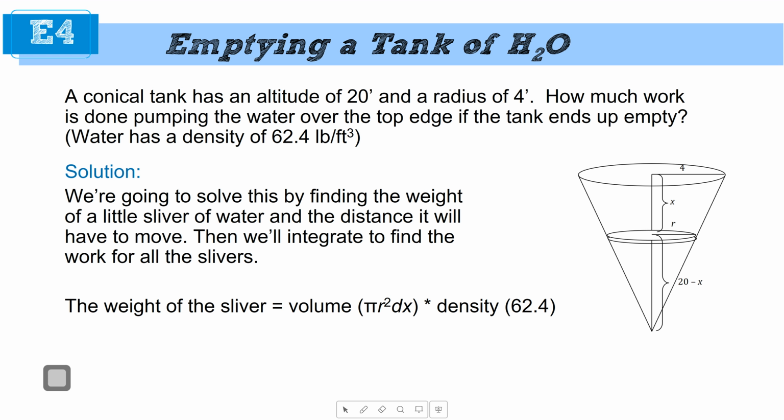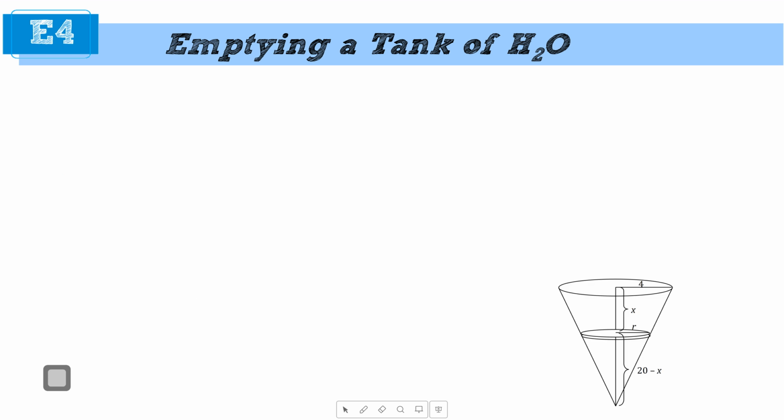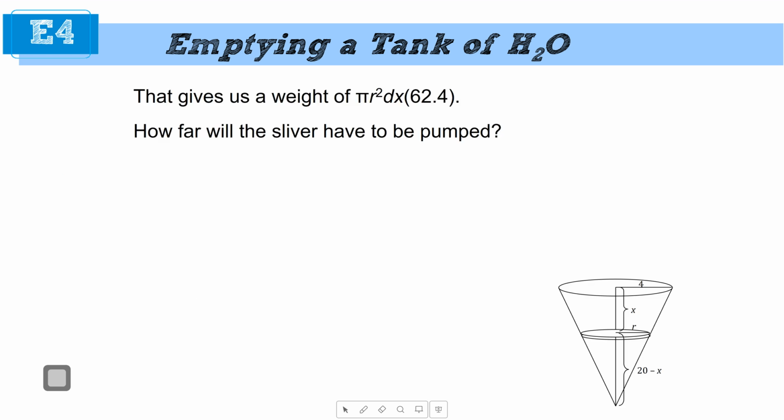Is that something you need to memorize? Probably not, because it'll change depending on the problem. Maybe it's rocket fuel, maybe peanut butter, different density. Those two things together give me the weight of that sliver of water.